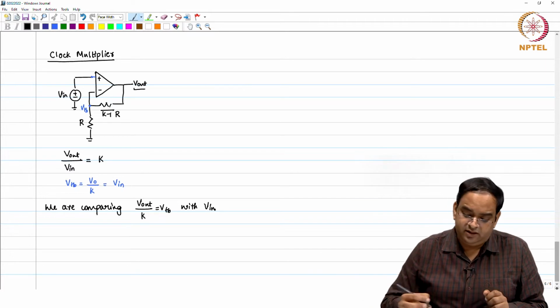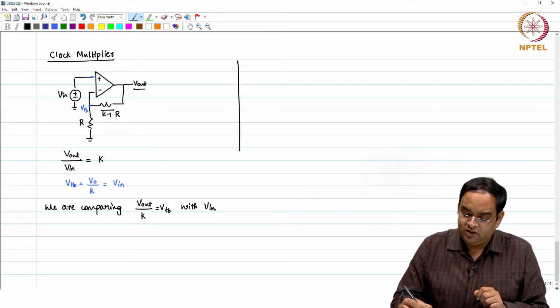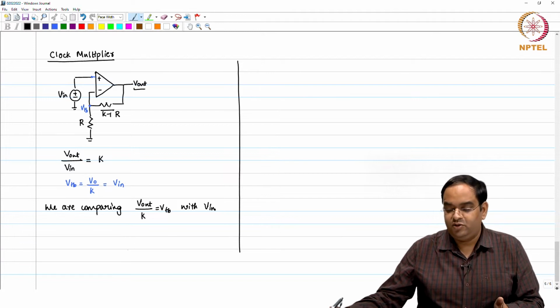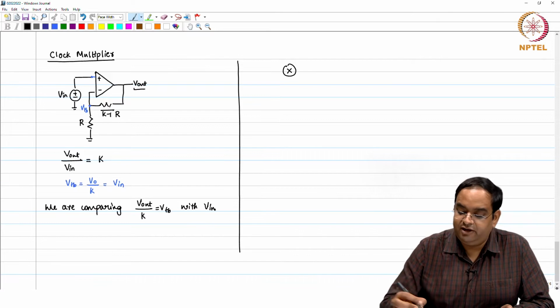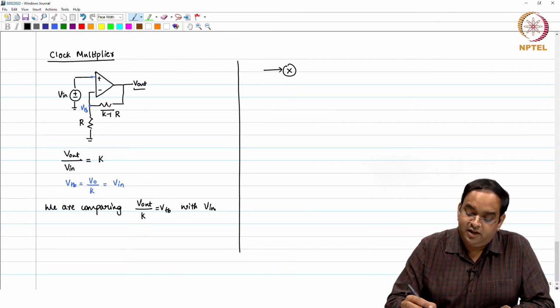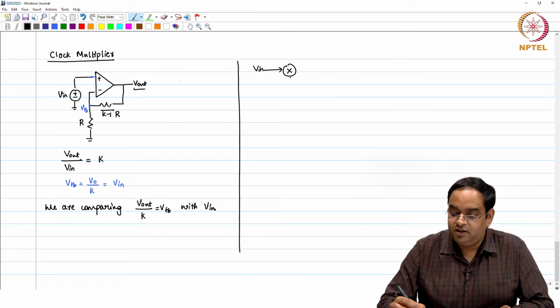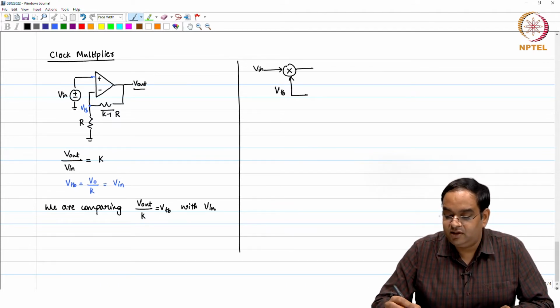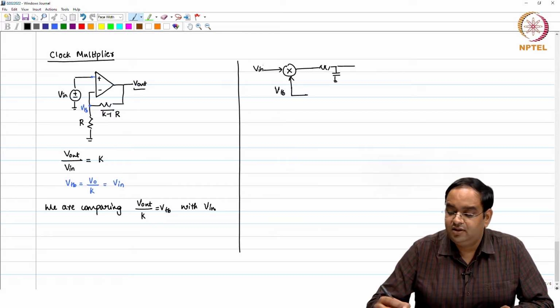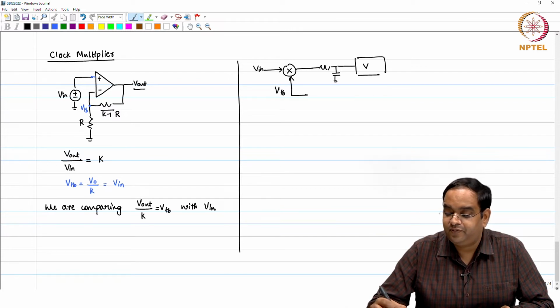The same thing happens in a clock multiplier. Let us say I have this V in and here I have the V feedback signal. For the PLL, let us continue with that very simple example: this loop filter, and you have a VCO, and this is V out.